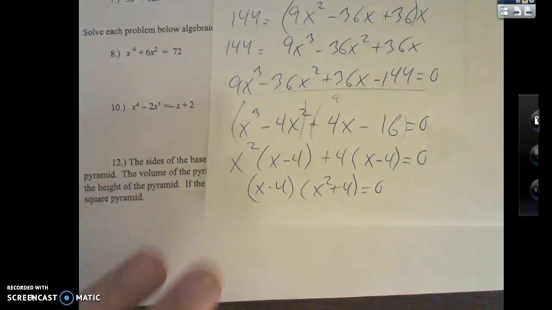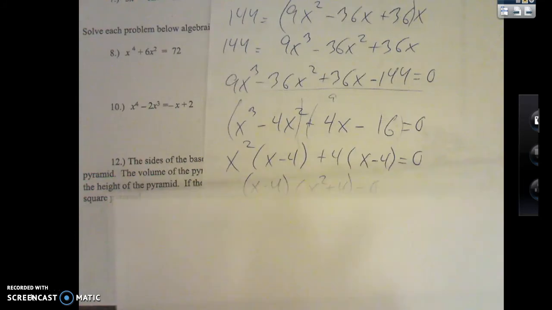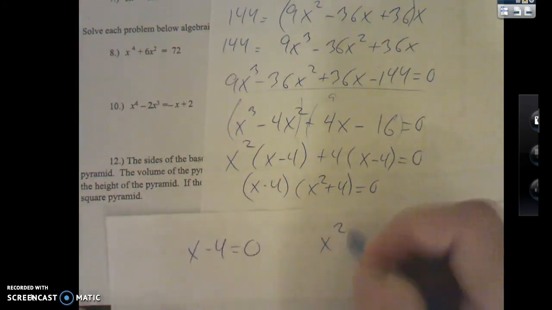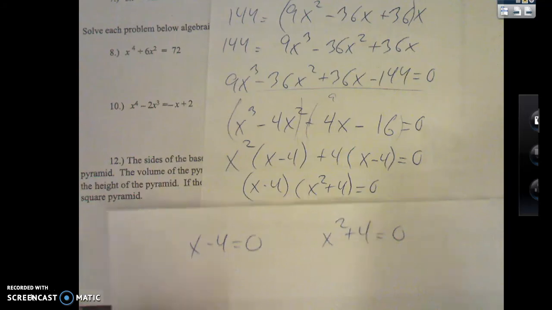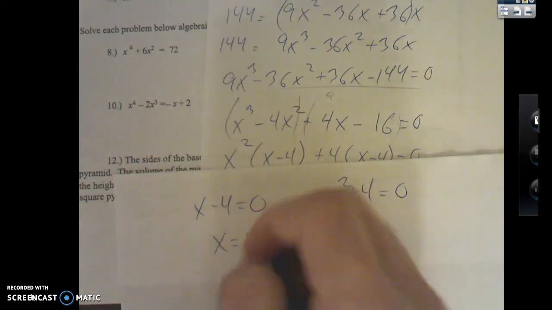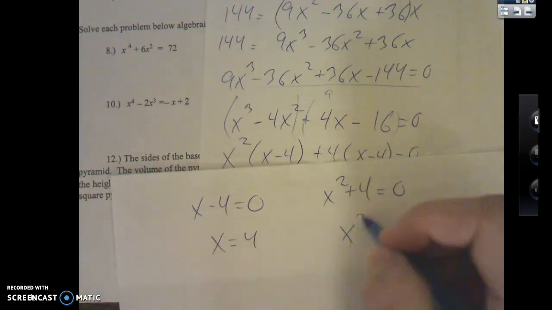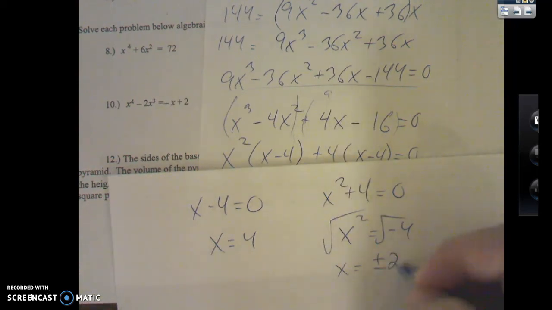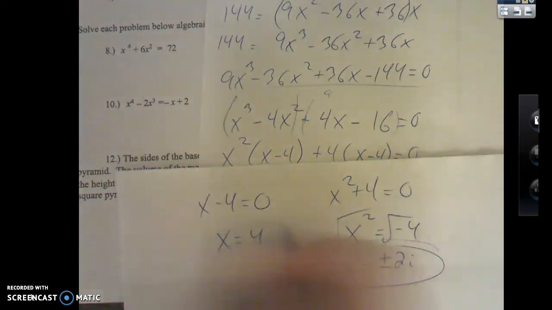Home stretch, I can make both of them equal to 0. So x minus 4 equals 0, and x squared plus 4 equals 0. This one's easy. x equals 4, and then x squared equals negative 4, so x equals plus or minus 2i, or x equals 4.